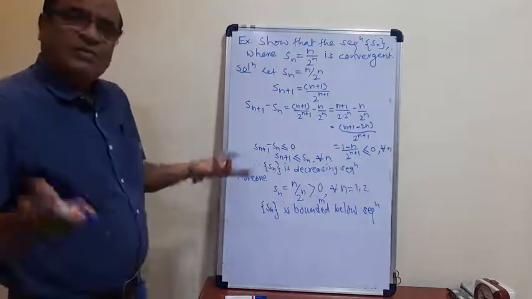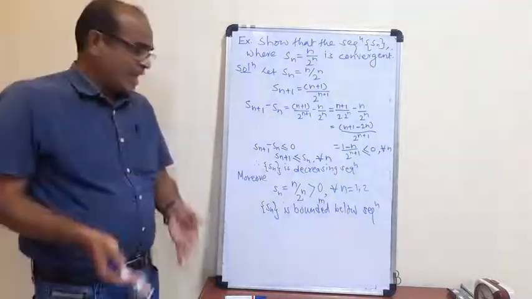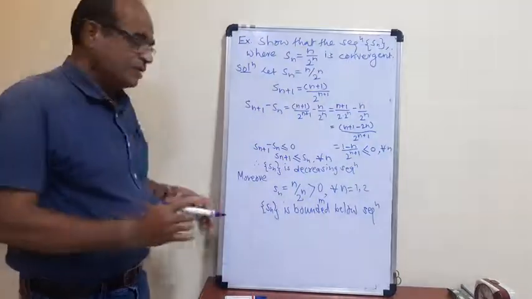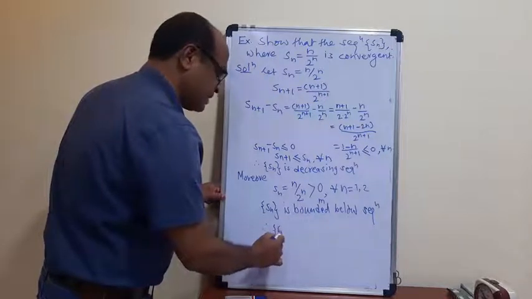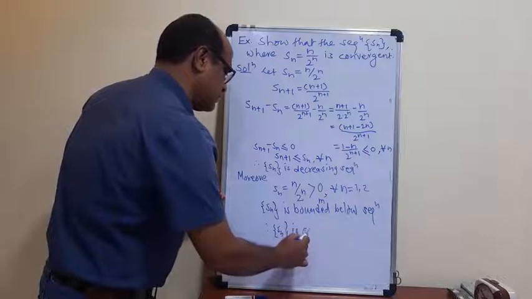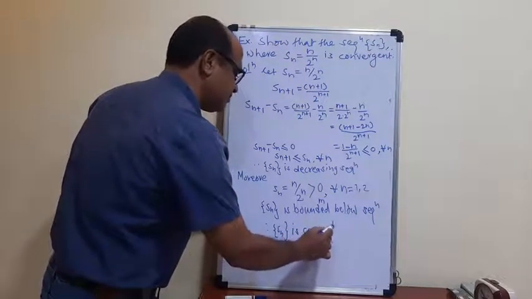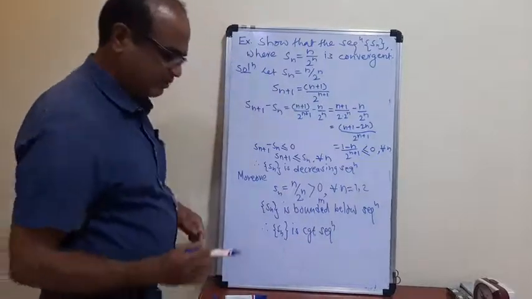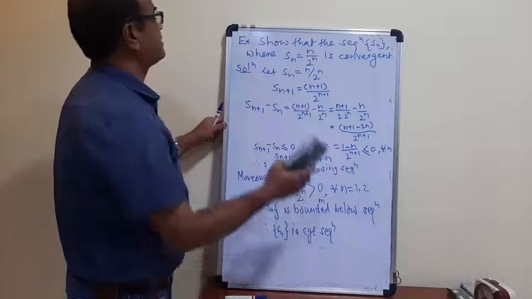Therefore, by using the theorem, the sequence is decreasing as well as bounded below, therefore the sequence Sn is a convergent sequence. Hence the example. So very simple examples.